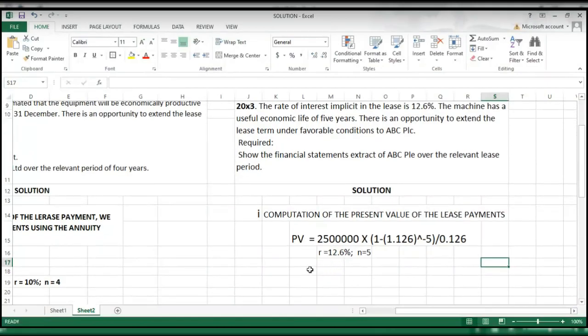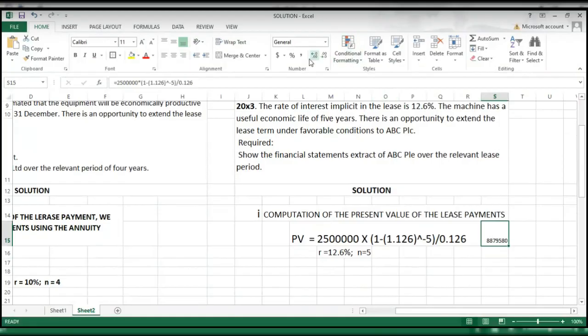So PV will now be the present value of the lease liability. I'll put the solution here. I'll just put in the formula: 2.5 million, that is 2500000, times, then I open the bracket, 1 minus, open another bracket, 1.126, close the bracket and say raised to the power minus 5, close the bracket and say all divided by 0.126, and I calculate the figure.